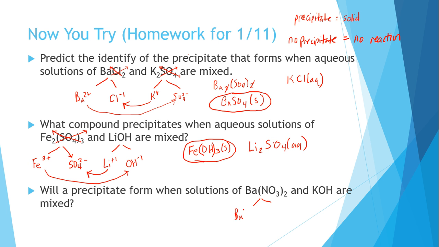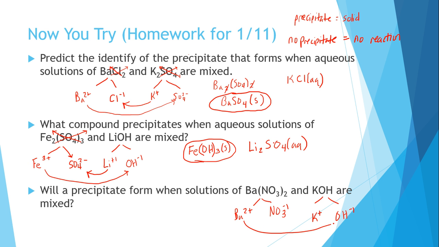Here you should have gotten barium with a 2+, and then nitrate with a -1. Here, potassium should have gotten a K+, and hydroxide a -1. If you're still struggling splitting your ions, please make sure that you come and ask me any questions that you have, and we can work on it, and I give you extra practice problems.